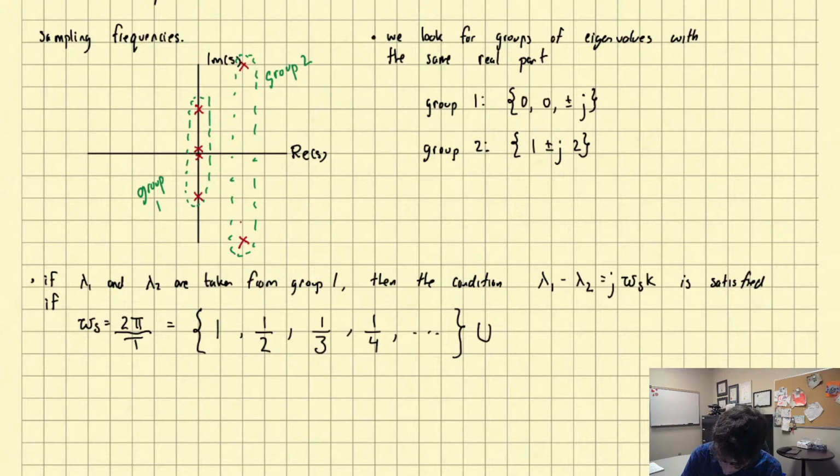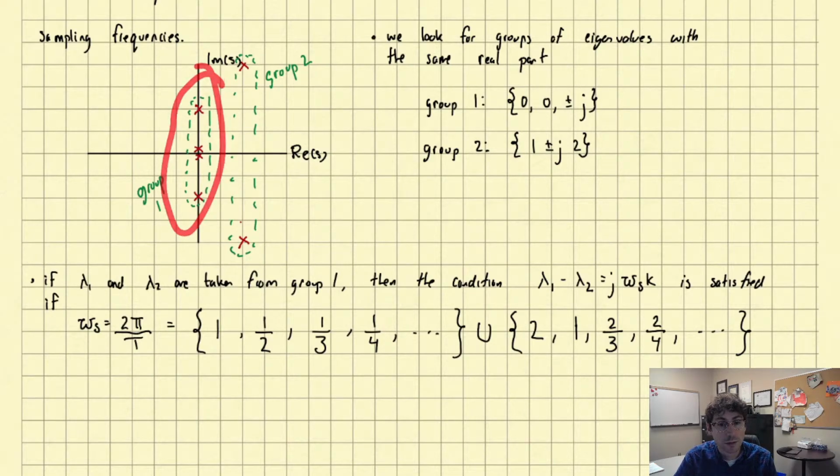The other possibility, sorry, was that omega s times k is equal to 2. So 2 works. 1 works as well. Take k equal to 2. 2/3 works. Take k equal to 3, and so on. All right? So those are all the pathological sampling frequencies associated with this group.